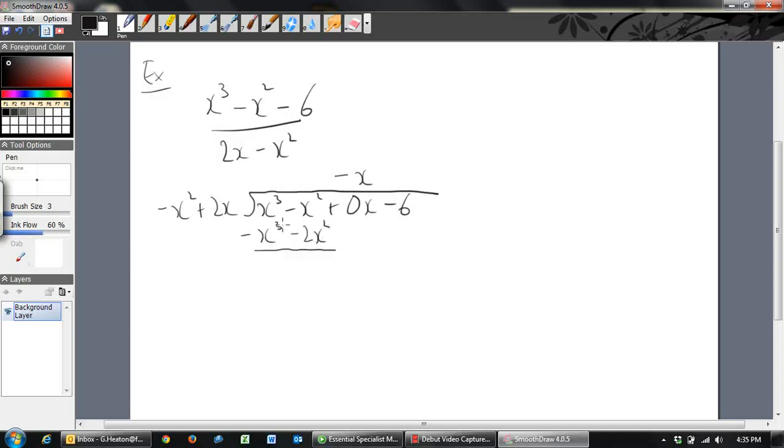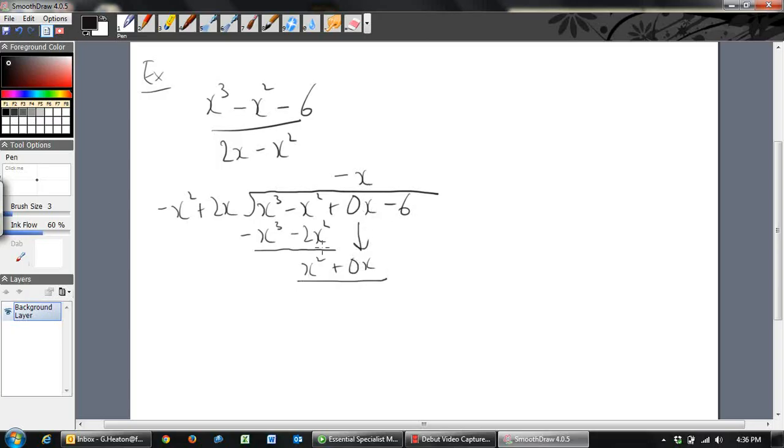We do a subtraction there. That cancels out obviously to 0. And here we've got negative x² minus negative 2x², so negative x² plus 2x², and so we just get x². Just let me check that. Negative x² plus 2x². Yep, gives me that. And then we bring down our 0x here.